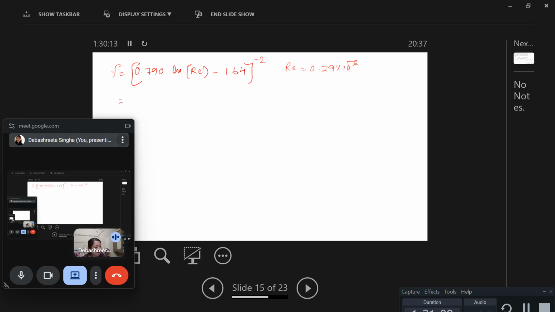So we can calculate this F as 0.790 into ln of 0.29 into 10 to the power 6, minus 1.64, to the power minus 2.